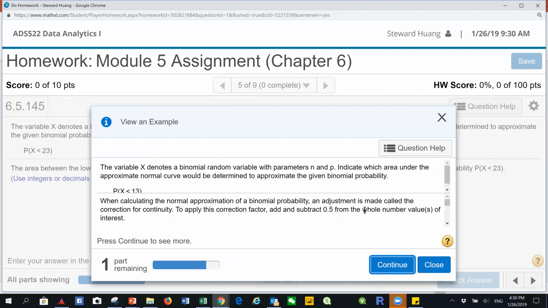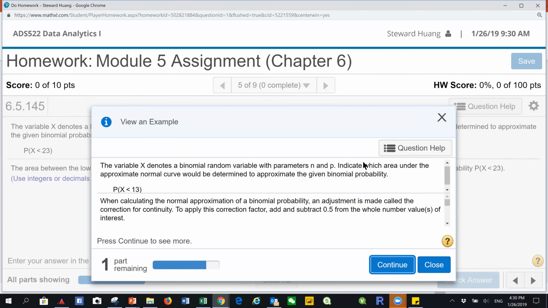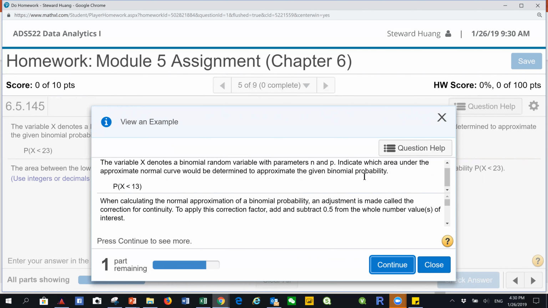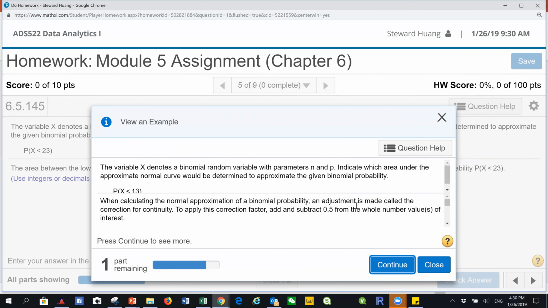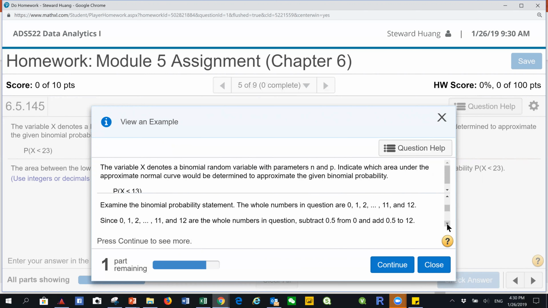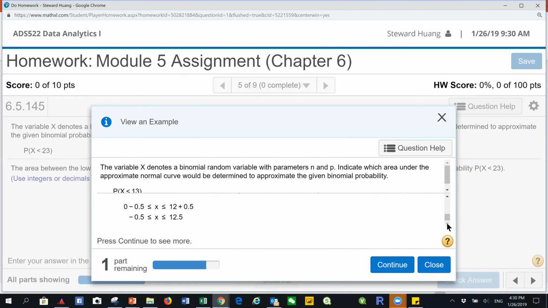So what shall you do? You have np, and which area under the normal curve is determined by the given normal distribution.